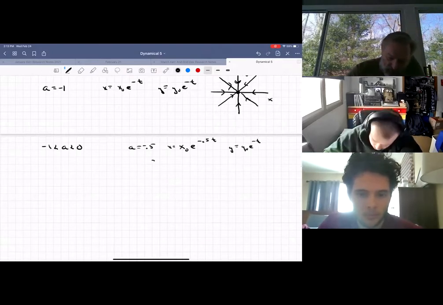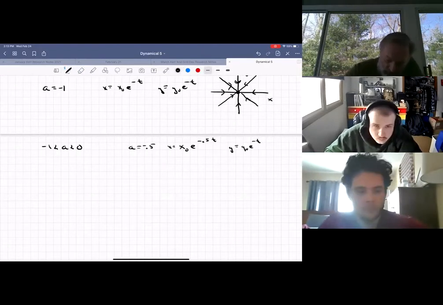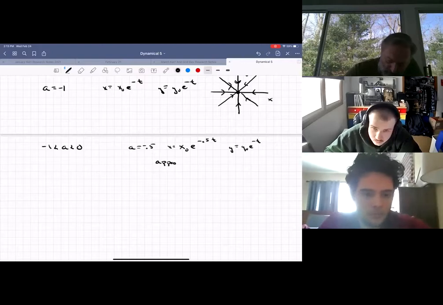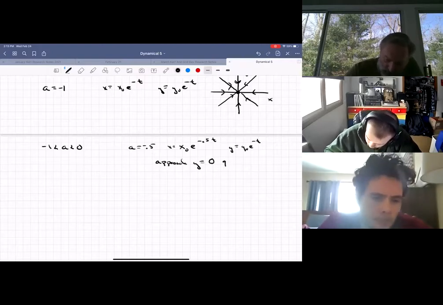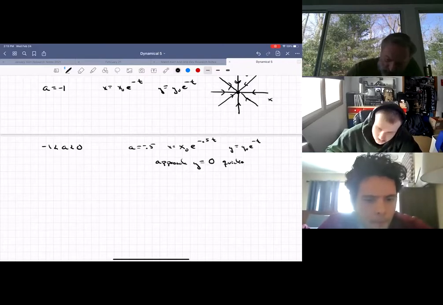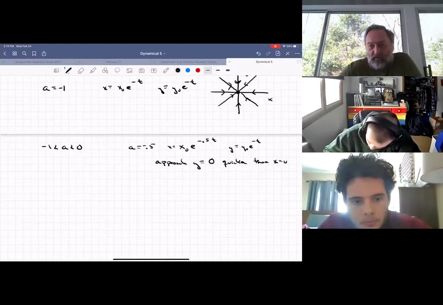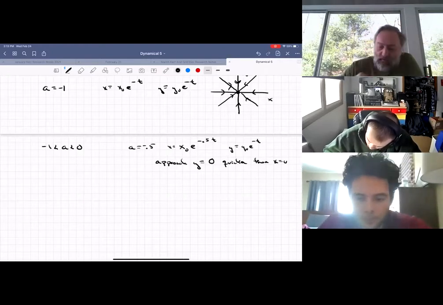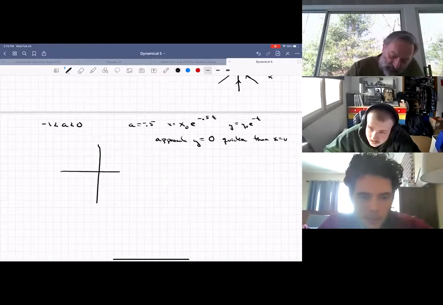So now I approach y equals 0 quicker than x equals 0. I'm going to get to y equals 0 as t goes to infinity, but I'm coming in along a different direction.